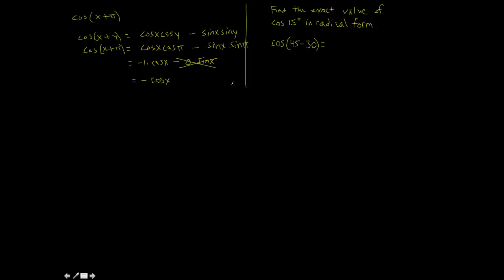Okay, so when I rewrite this, remember my cosine difference identity, the cosine of x minus y equals the cosine of x, cosine of y, plus sine of x, sine of y.